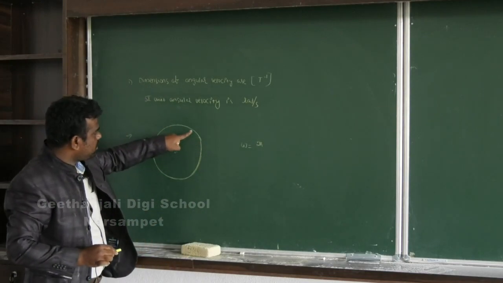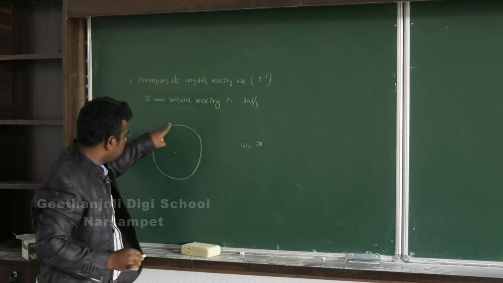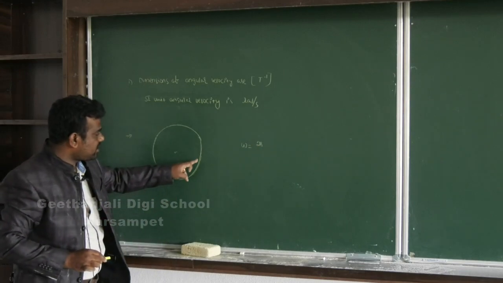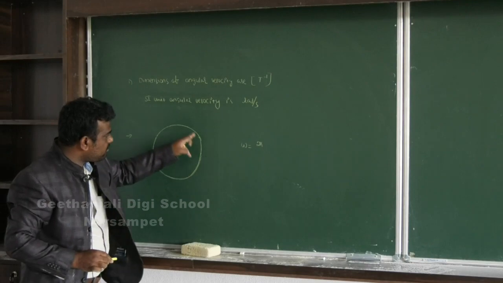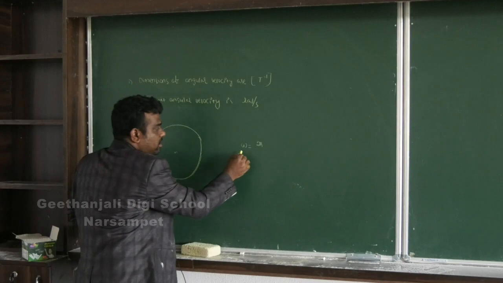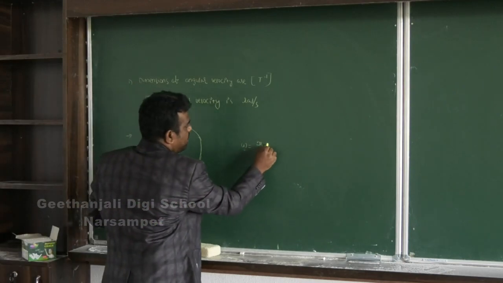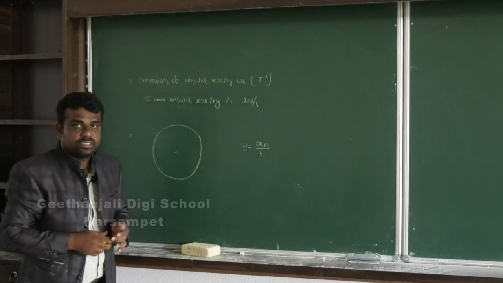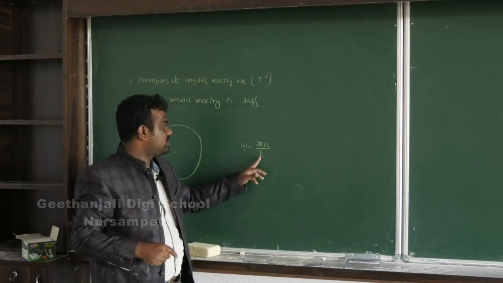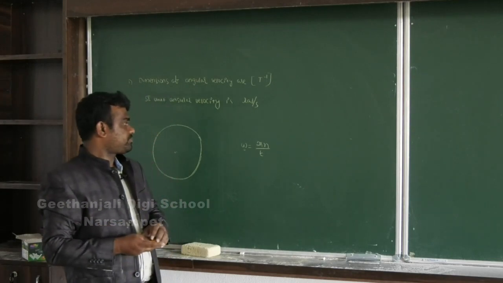If it completes 2 revolutions, that is 2 pi into 2. If it completes 3 revolutions, this is 2 pi into 3. If the particle completes n revolutions in t seconds, then the angular velocity in radian per second is omega equals 2 pi n by t, right.